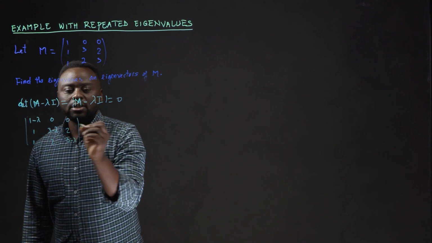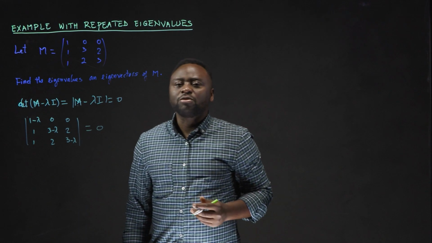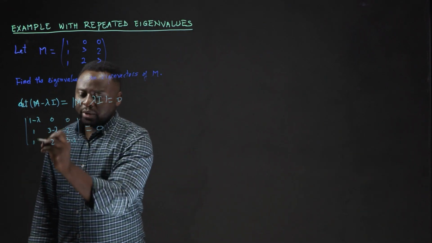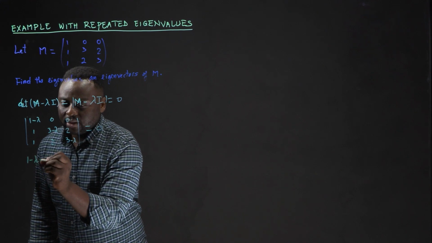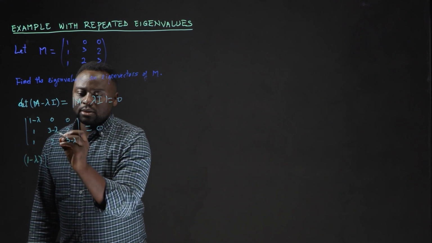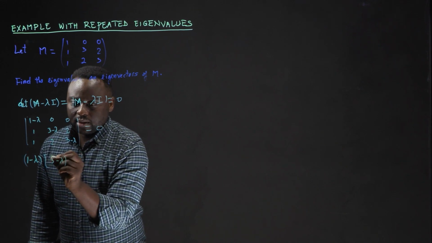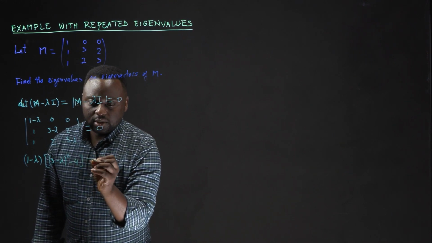This is equal to 0. Then we have to find the characteristic equation. If we expand following the first row, we have (1 minus lambda) times ((3 minus lambda) squared minus 4) equal to 0.